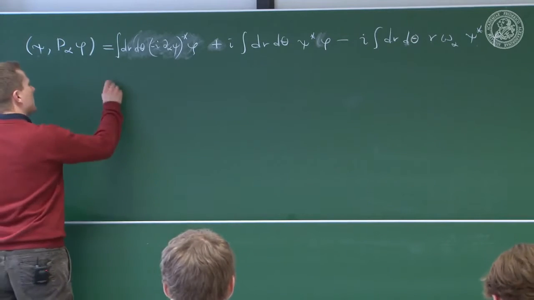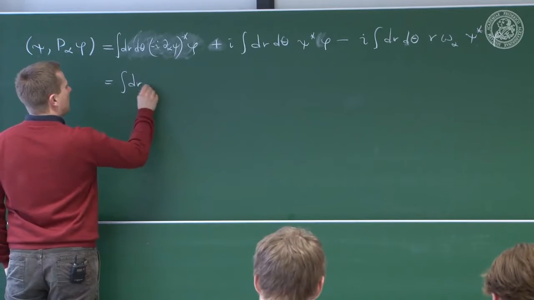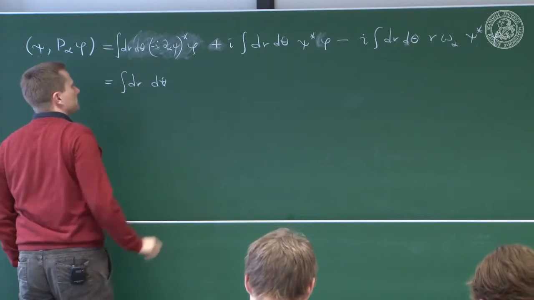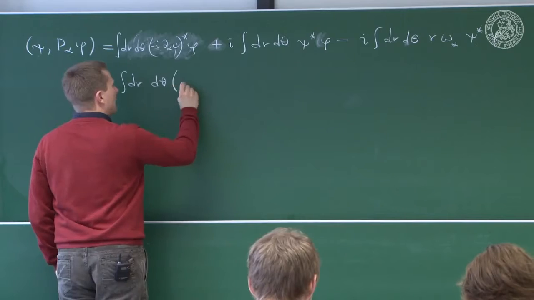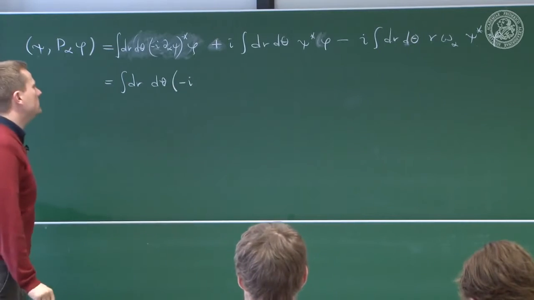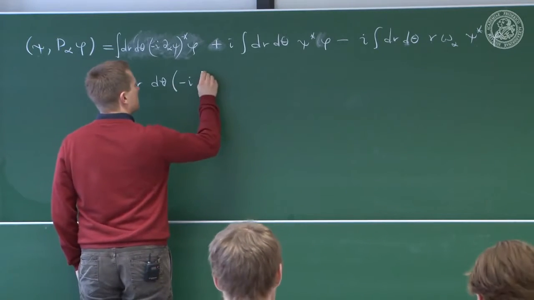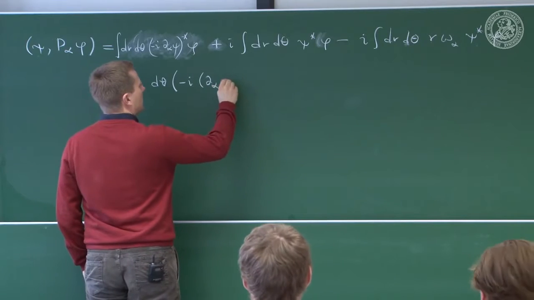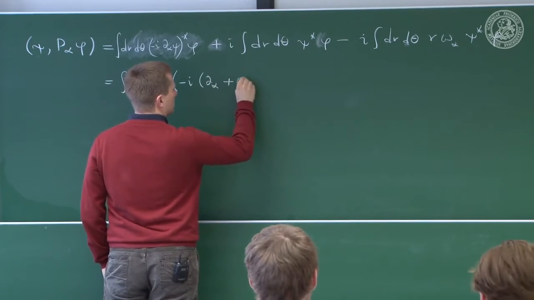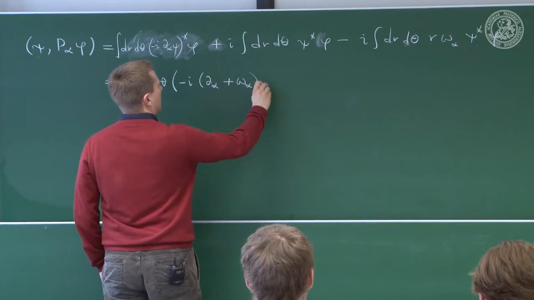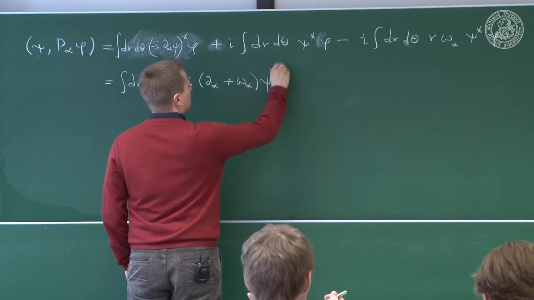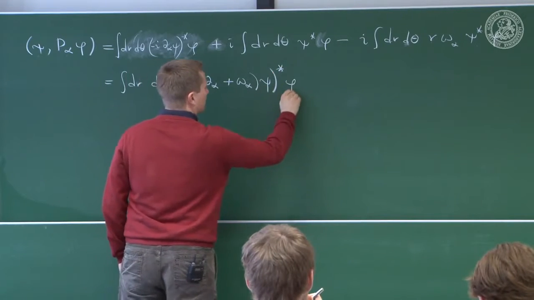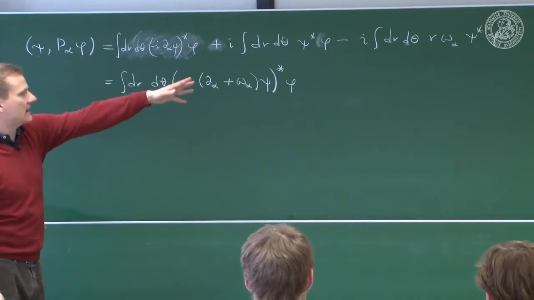So let's do it right. Okay, so this is dr d theta. Now let's write what we want to have. We want to have that this is del alpha plus omega alpha acting on psi, then starred on phi, plus the other 2 terms.